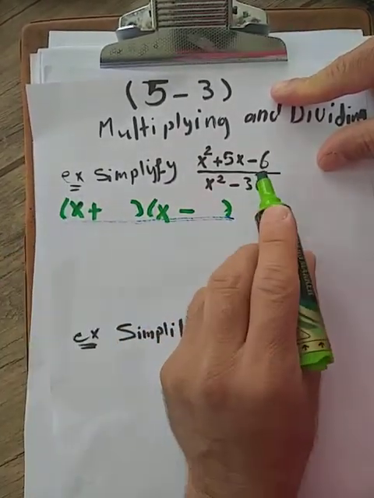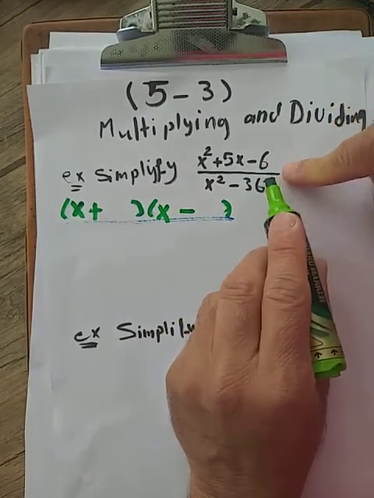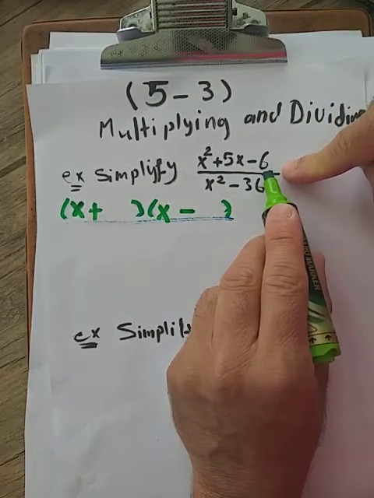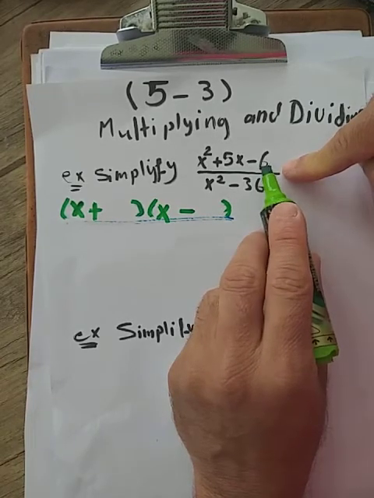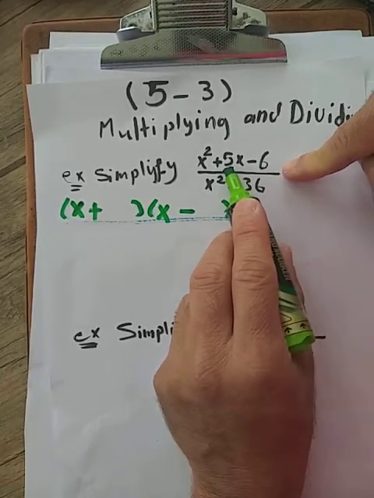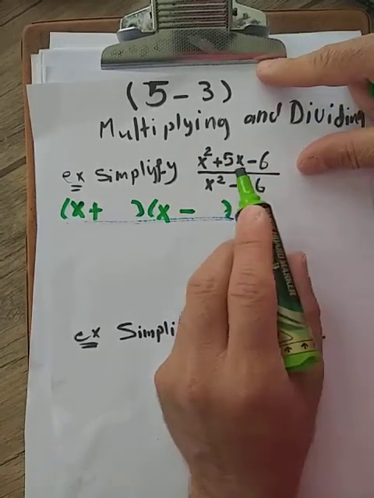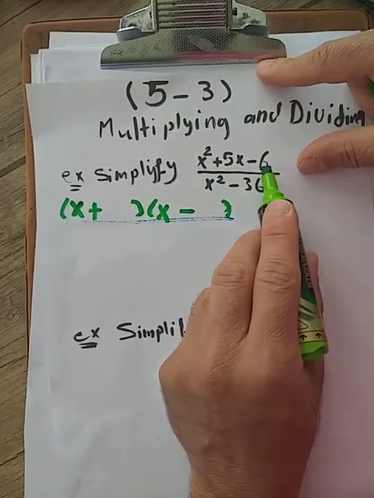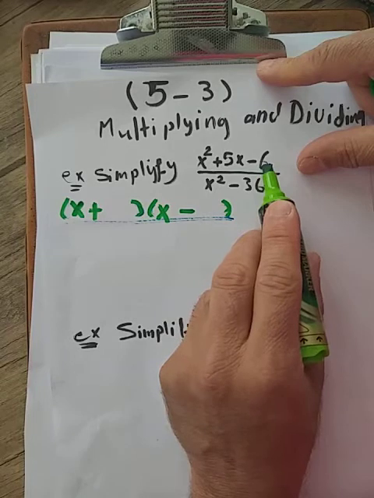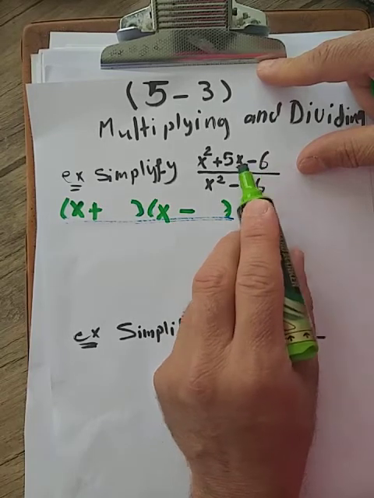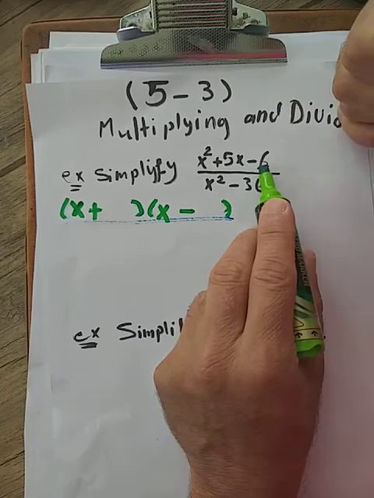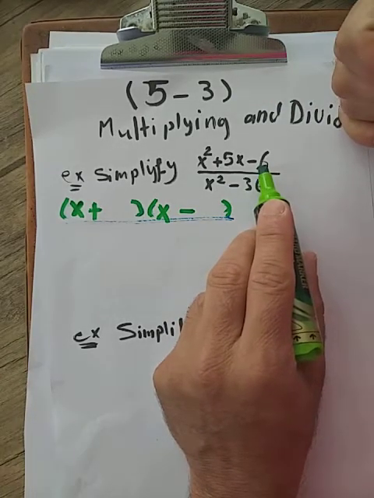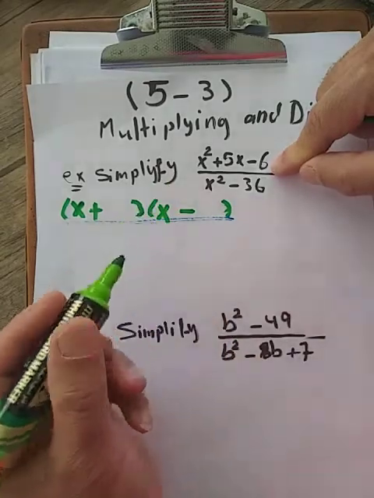Okay, now think about this number. Give me two numbers whose product is 6 and whose difference is 5. For 6, we have only 1 times 6 or 2 times 3, but 1 and 6.